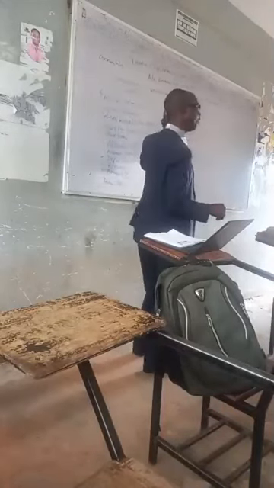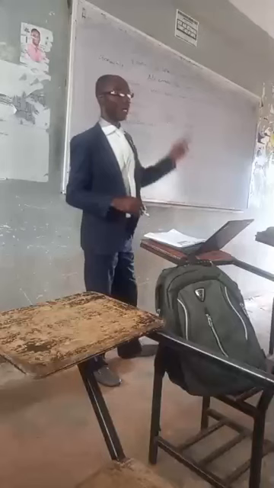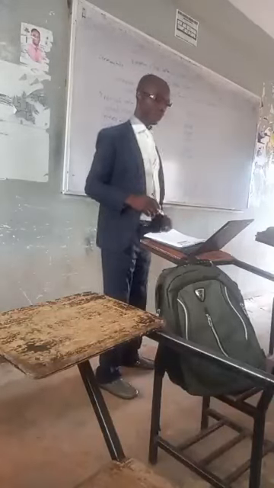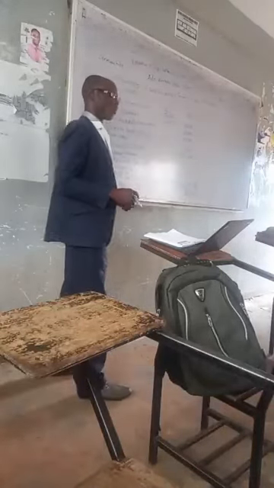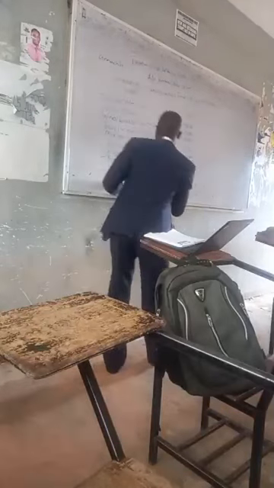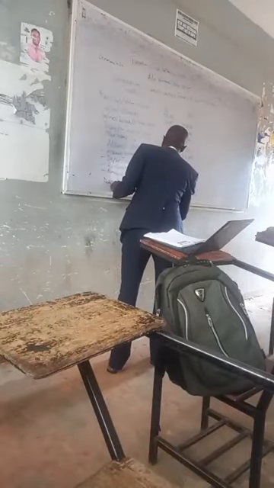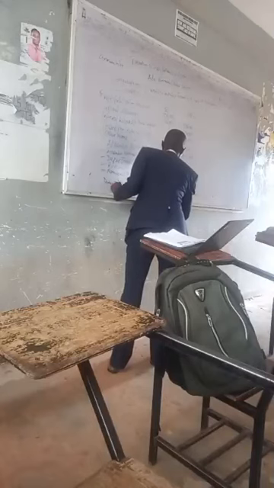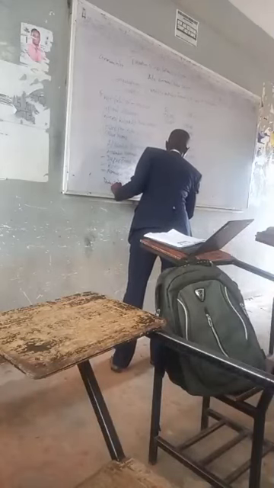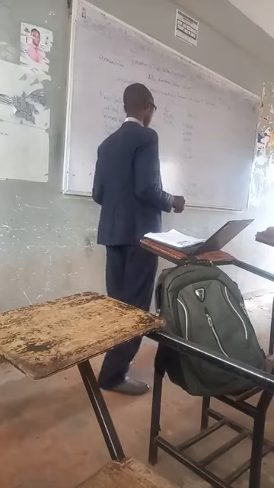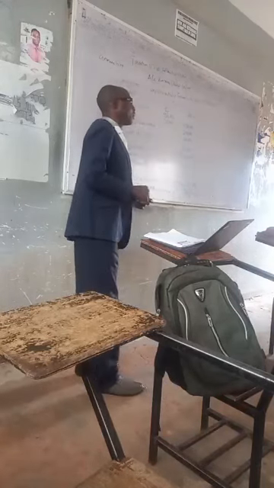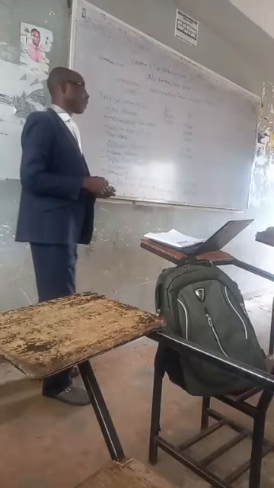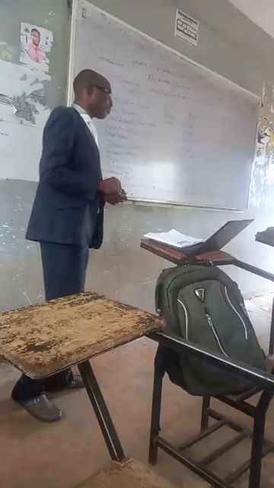We have Ade, Baruwa, Chidi, and Dafe. So calculate it. Ade 40,000 plus 30,000, plus 20,000, plus 15,000. Give us the total. How much is it?